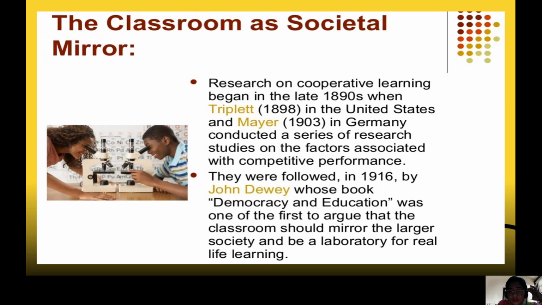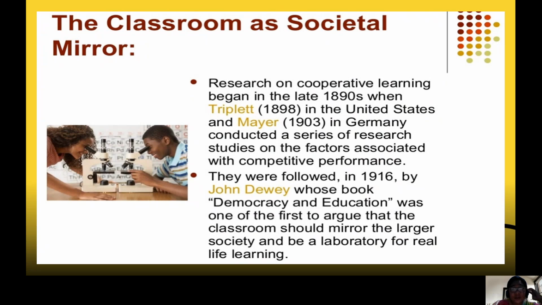Research on cooperative learning began in the late 1890s when Triplett in the United States and Mayer in Germany conducted a series of research studies on the factors associated with competitive performance. They were followed in the 1960s by John Dewey, whose book Democracy and Education was one of the first to argue that the classroom should mirror the larger society and be a laboratory for life learning.